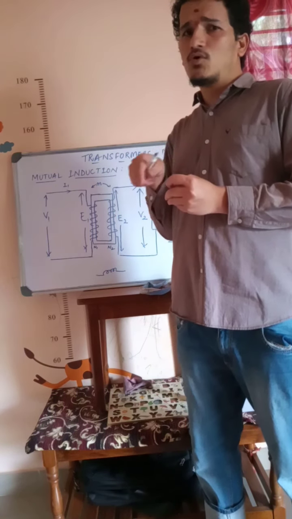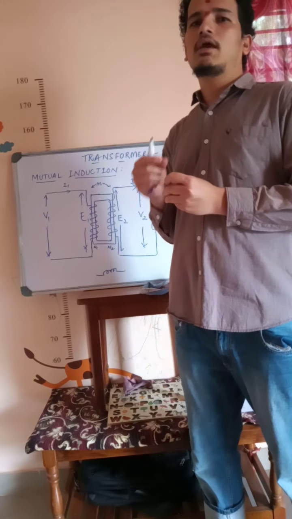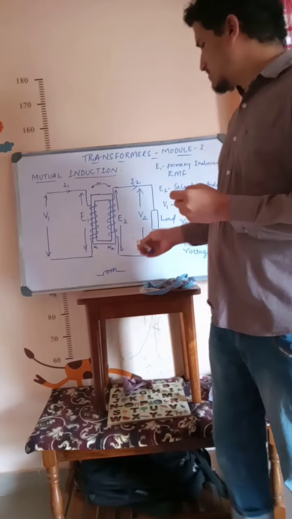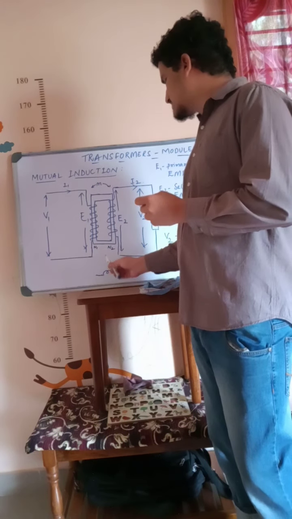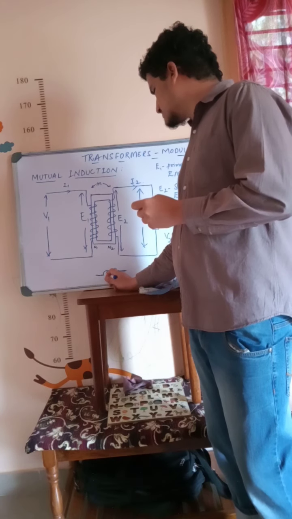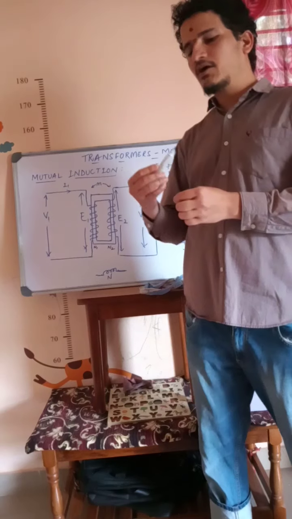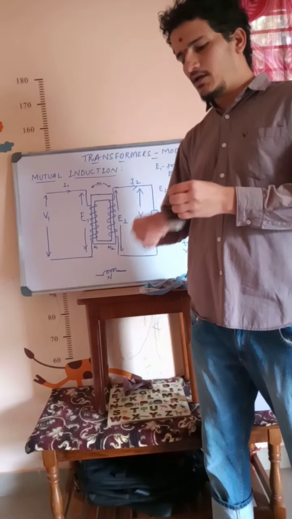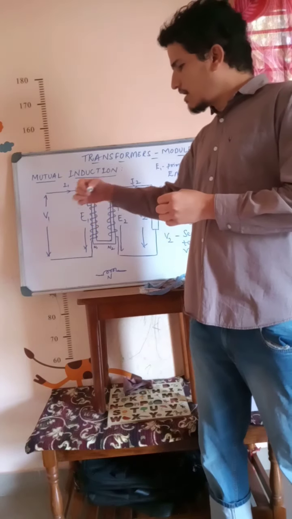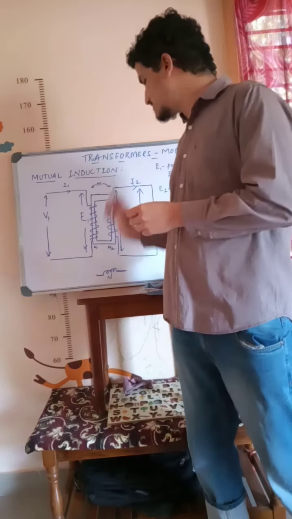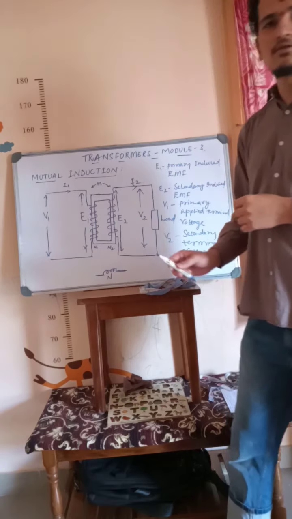If no core is there, then it becomes an air cored coil. Say, for example, it has N turns, N meaning the number of turns it is wound, 1, 2, 3, 4, like this. Then this is an N turn coil.